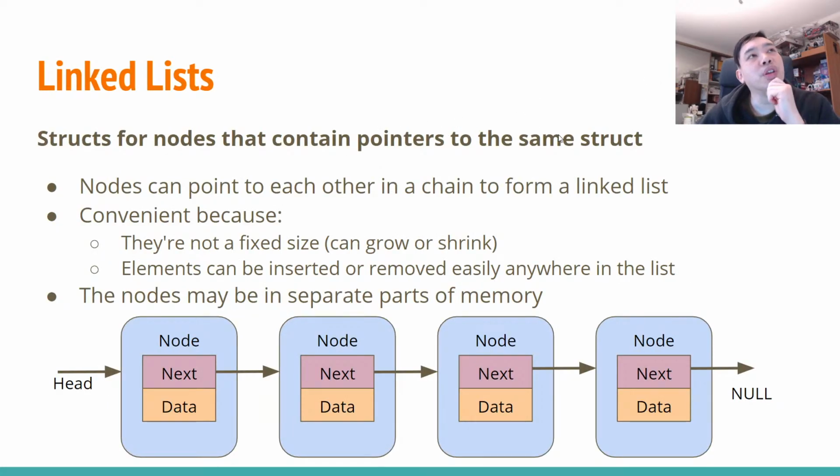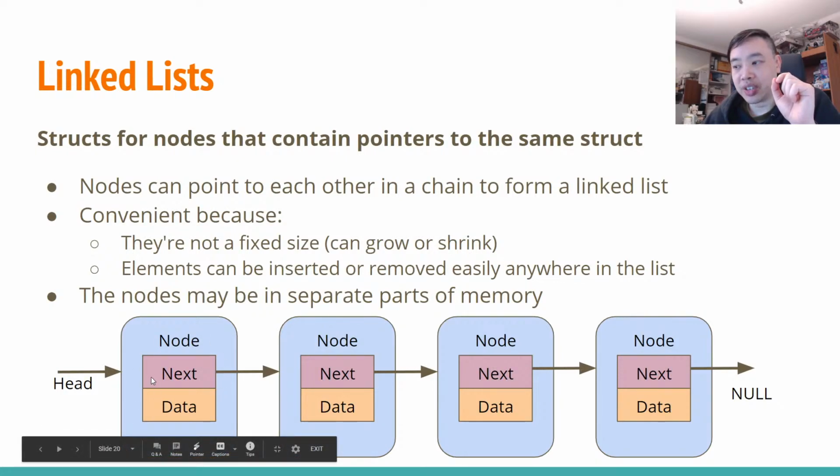When we got to a certain point, we had structs and we had pointers and we had memory allocation. That allowed us to start building a new data structure, and this new data structure was linked lists. The beauty of linked lists is they're a struct that contains a pointer to their own type, which means that each one of these nodes in this linked list has a pointer to another node.